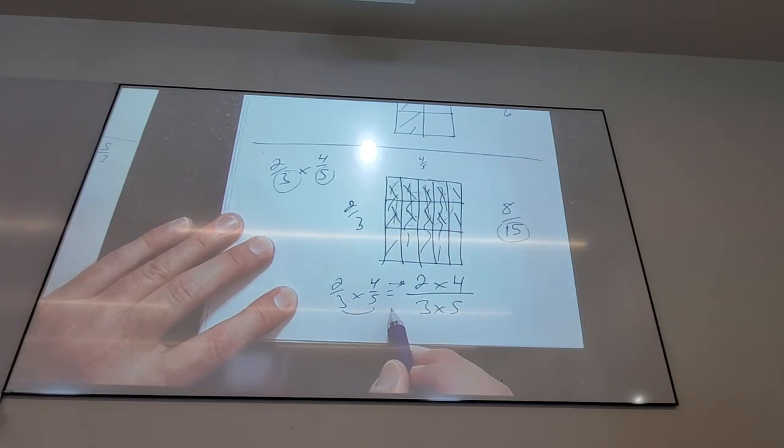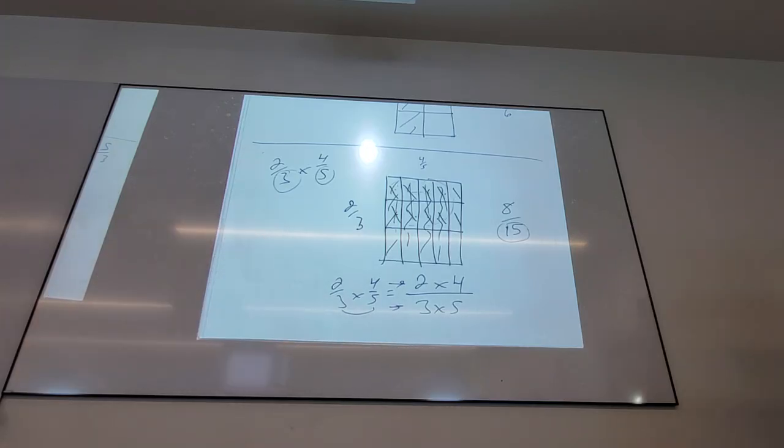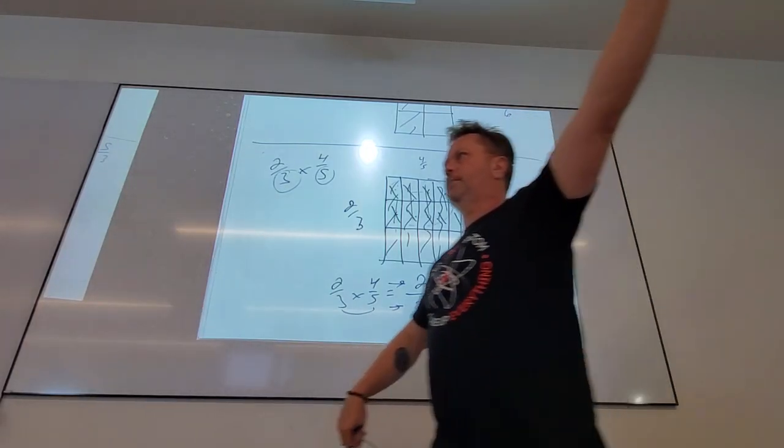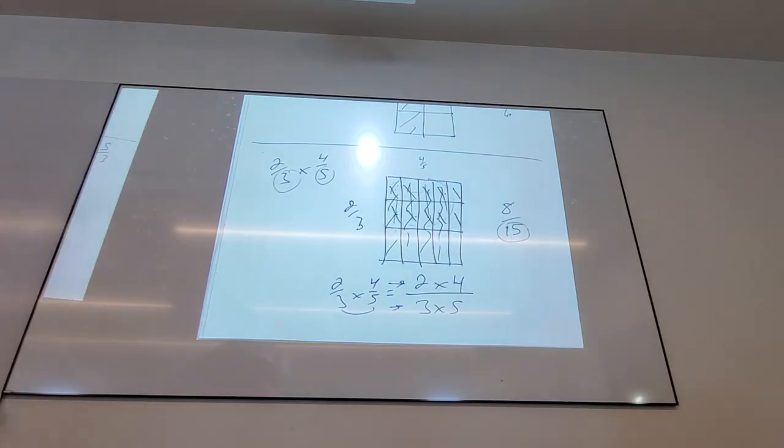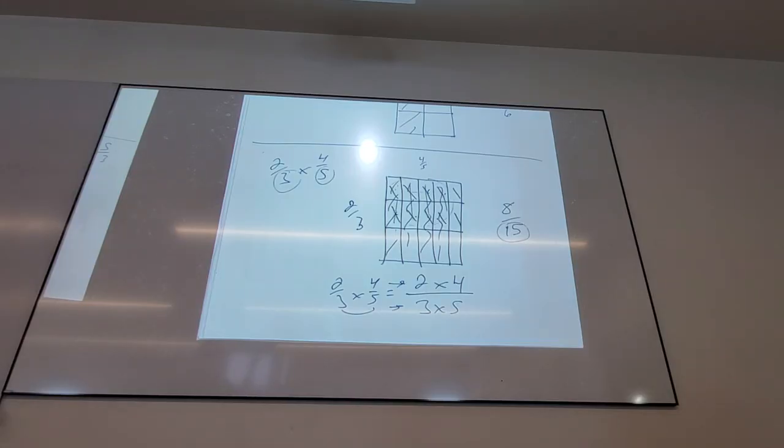So then you can start to talk about multiplying across once you've done several of these physical demonstrations. Then students buy into it more. I can see 8 brownies out of 15. I can see them. If you just show me 2 times 4 is 8, I don't have any grounding. I don't have any connection to it. Why would I buy it? All right, teacher, you said it's the way it is, so I'll do it. But no, I can see the thing.